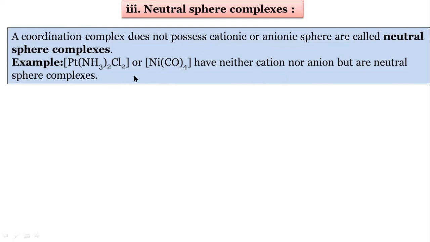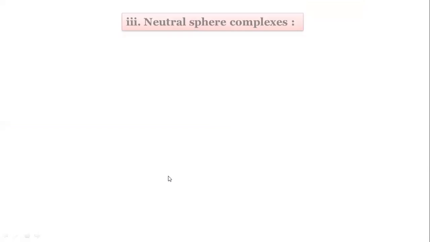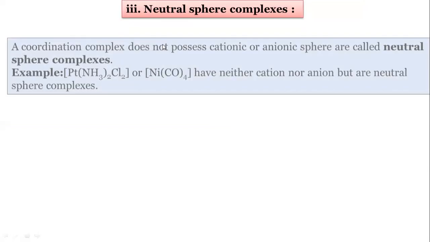Such complexes are called neutral sphere complexes. So practice at your home: cationic, anionic and neutral sphere complexes. Read this carefully and try to write these examples.